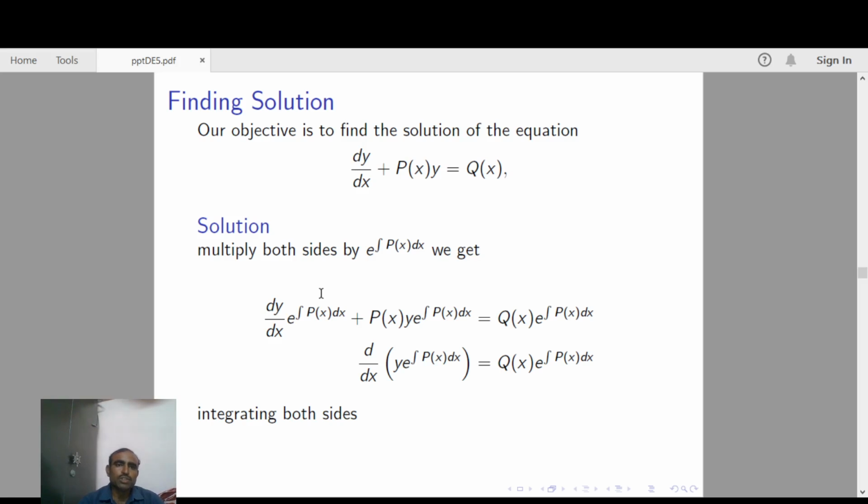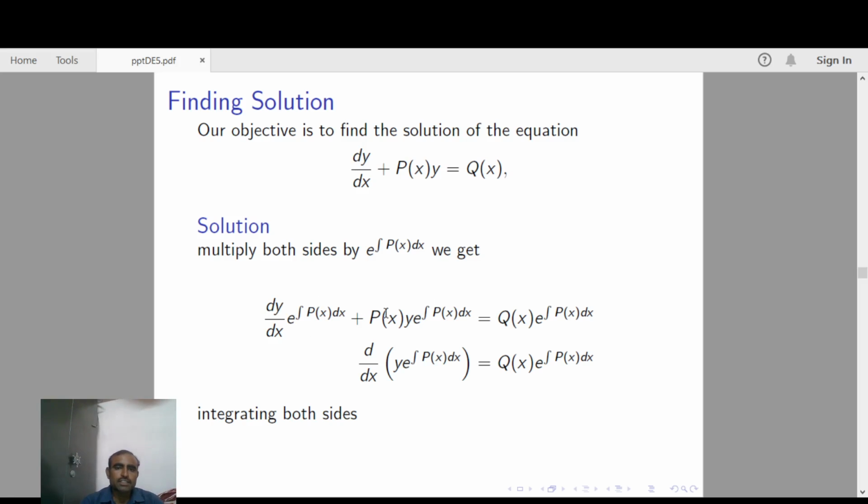So how do we find the solution of a first order linear differential equation? To find the solution of dy/dx + p(x)y = q(x), first multiply both sides by e^(∫p(x)dx). We get dy/dx · e^(∫p dx) + p(x)y · e^(∫p dx) = q(x) · e^(∫p dx).